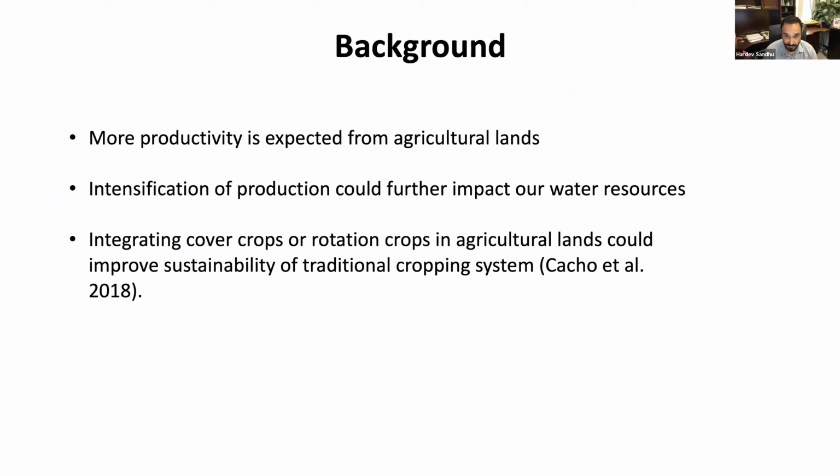That includes more inputs to produce more crop, to get higher yields. We put more inputs, and that can impact our water resources, either through leaching or through runoff. Therefore, the integration of cover crops or rotation crops in our agricultural lands can improve the sustainability of our traditional cropping system.